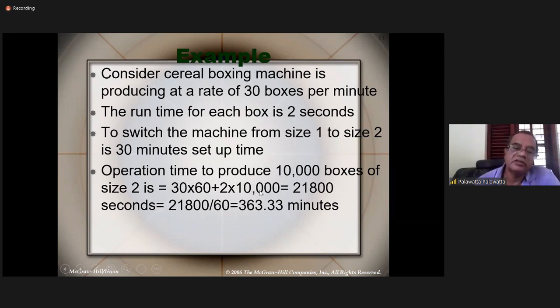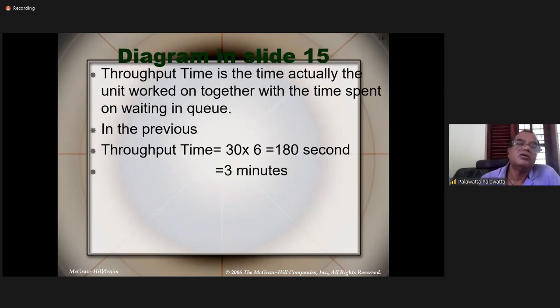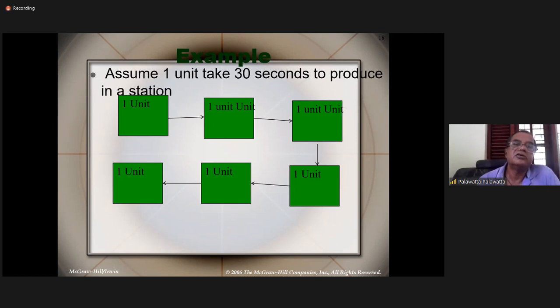The run time is 2 times 10,000, since that particular batch produces 10,000 units. Now assume 1 unit takes 30 seconds to produce in a station, and you have 6 stations, 1, 2, 3, 4, 5, 6.